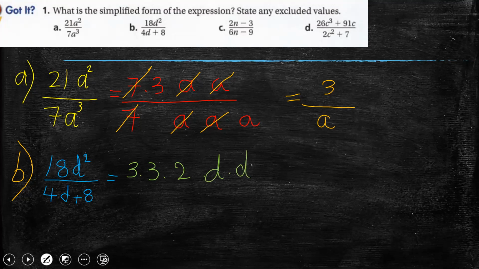So let's now write the simplified form. Now let's go down here. We have 4d plus 8. As we see, the main thing here is that if I multiply, like 18 times d squared, you can cut it like this. But if you have a plus sign between them, you cannot cut it.